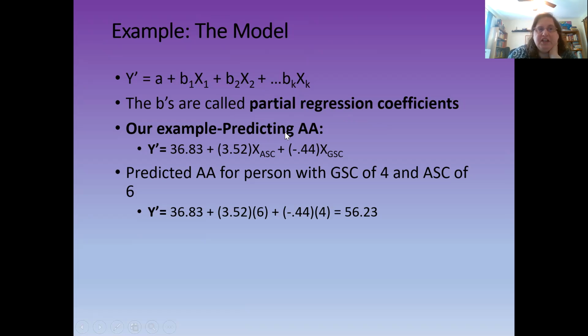Our example, predicting academic achievement. Now we're not going to use GPA here. We're just going to use the other two, the self-concept ones. So we have our predicted Y or Y hat equals 36.83. That's our intercept. That's what I just showed you in the last picture, right?